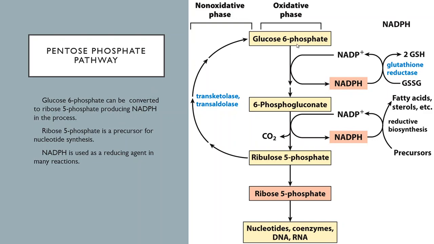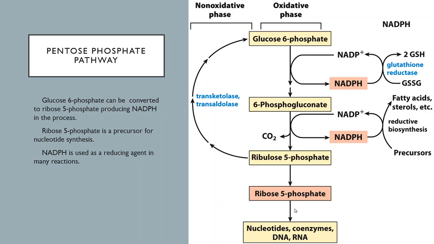So phosphorylated glucose, glucose 6-phosphate, which again is the first thing that gets produced in glycolysis, if it doesn't go through glycolysis, it can go through this other set of reactions that eventually leads to ribose 5-phosphate. So glucose 6-phosphate gets oxidized to 6-phosphogluconate, and then gets oxidized again to ribulose phosphate, and then that gets converted into ribose 5-phosphate.